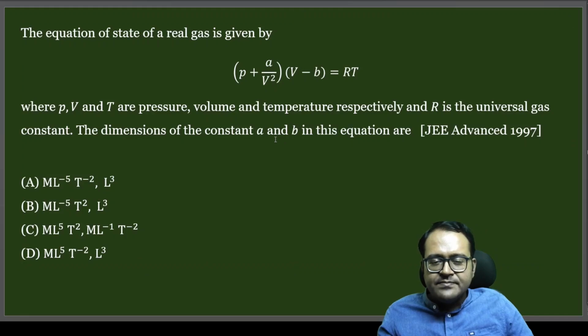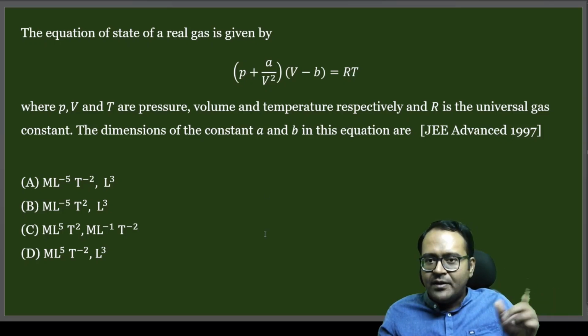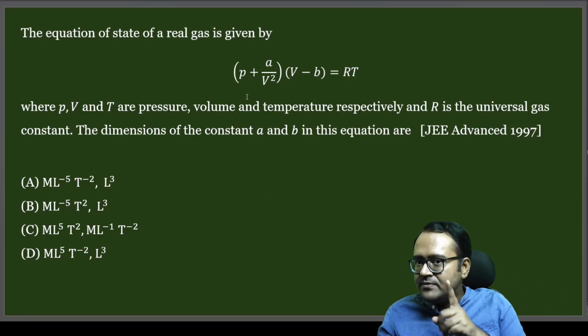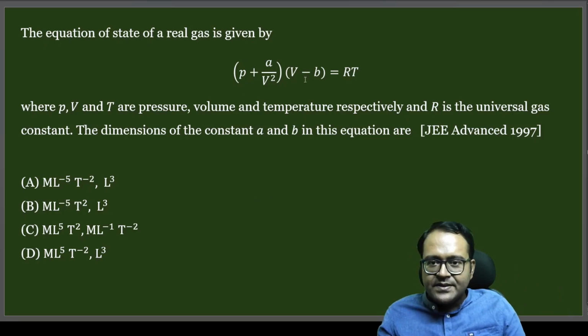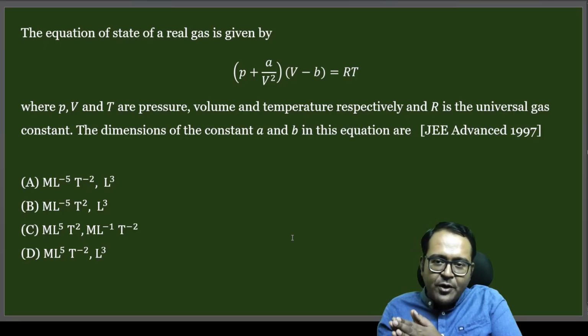A by V square should have the dimension of pressure, because you can add something of dimension pressure only with pressure. And B must have the dimension of volume, because you are subtracting B from volume.